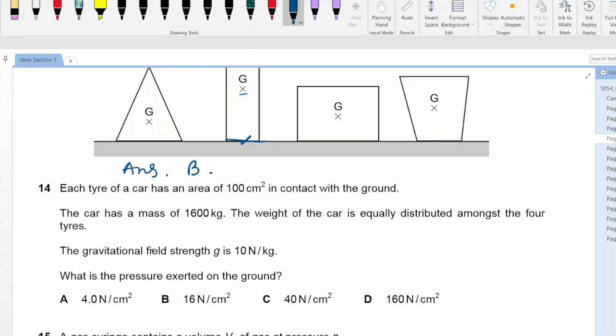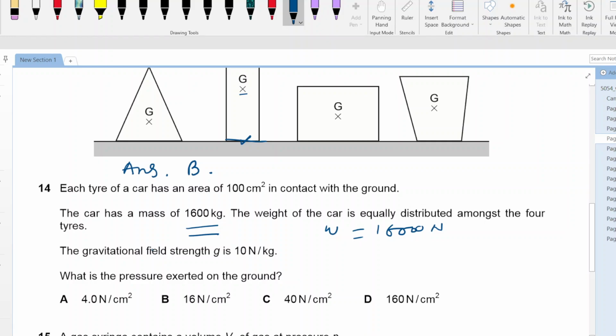The gravitational field strength g is 10 Newton per kg. What is the pressure exerted on the ground? Now, from this mass, weight is 16,000 Newton.